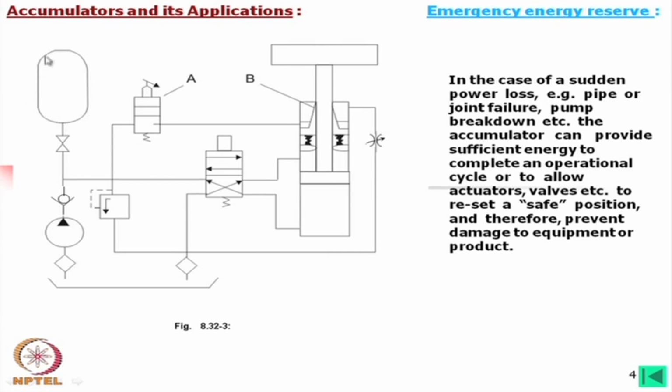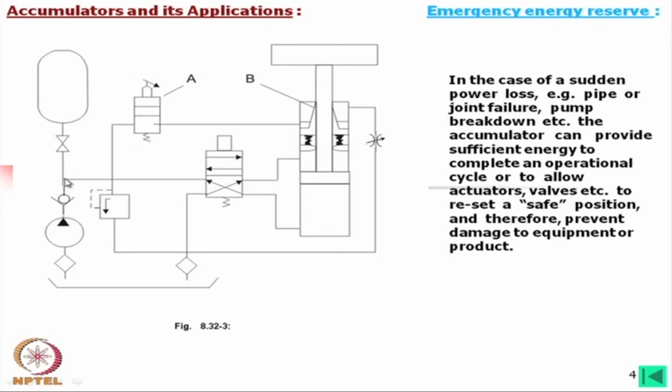In that accumulator, as you see, this is as if a vessel, inside there will be some gas. Actually this is gas pre-charged, or sometimes you will find a bladder with a charged gas or air. Now, this is a stopcock, because sometimes we may not need to use the accumulator, we can separate it.